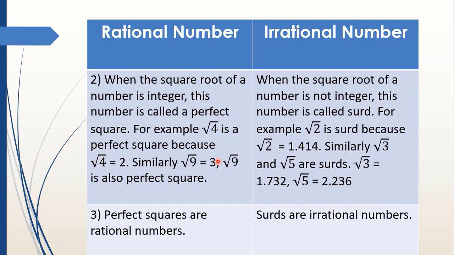Here square root 4 and square root 9 are rational numbers because these are perfect squares. On the other hand, when the square root of a number is not an integer, then this number is irrational. Here square root 2, square root 3 and square root 5 are irrational numbers because their answers are not integers. So the second point: perfect squares are rational numbers, surds are irrational numbers.